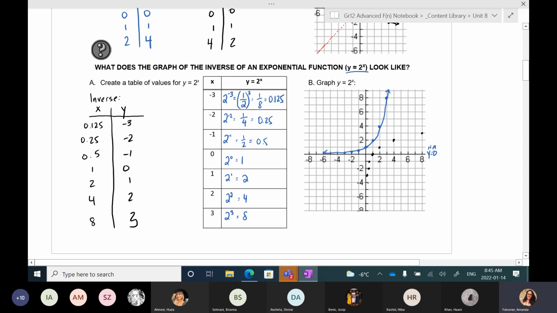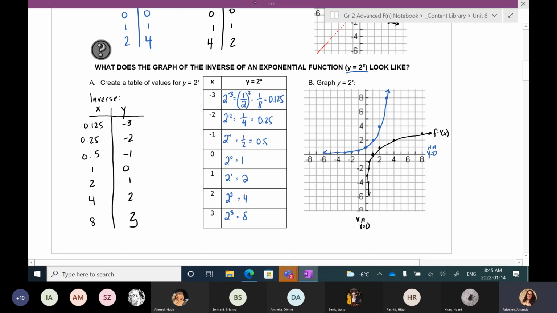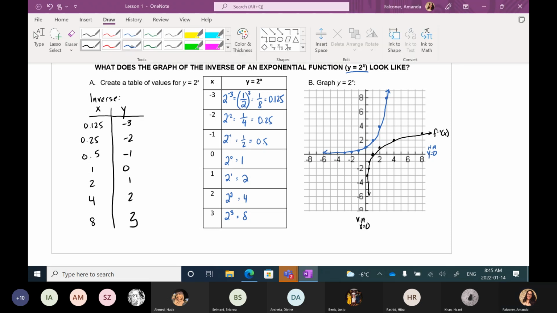Okay, so I'm going to put in my curve here so I can see that there's been a change of my asymptote. So this is now my vertical asymptote. It's going to happen at x equals 0. Okay, guys, so this was my inverse function, and the blue one was my original.